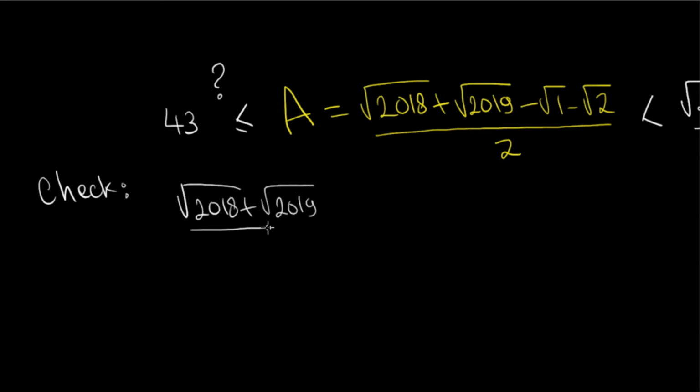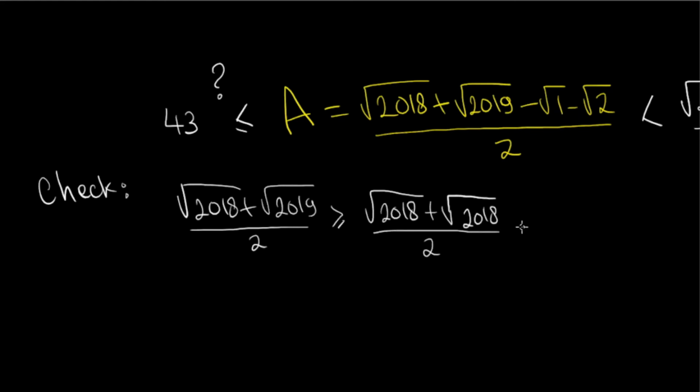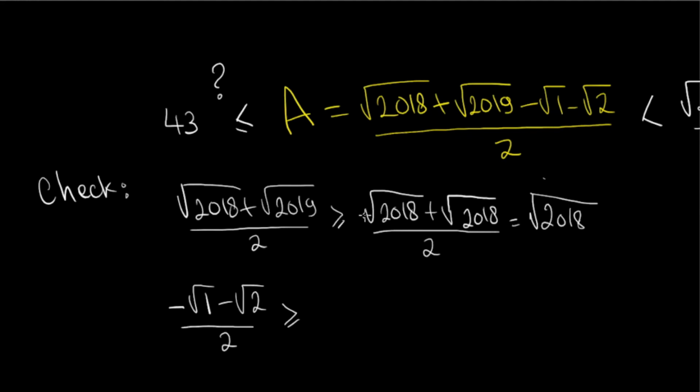We start here again. Then it is bigger than or equal to, very close here, both are square root of 2018 over 2. That is very easy to check. It is just square root of 2018. And for the other one, minus square root of 1 minus square root of 2 over 2, we have bigger than or equal to minus square root of 2 minus square root of 2 over 2, so we have only minus square root of 2.